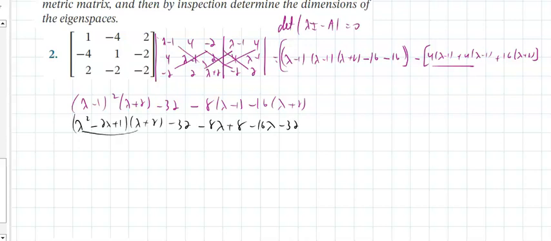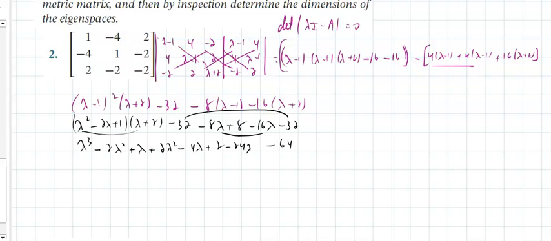And that is going to be lambda cubed minus 2 lambda squared plus lambda plus 2 lambda squared minus 2 lambda minus 4 lambda plus 2, minus 64 minus 24 lambda.